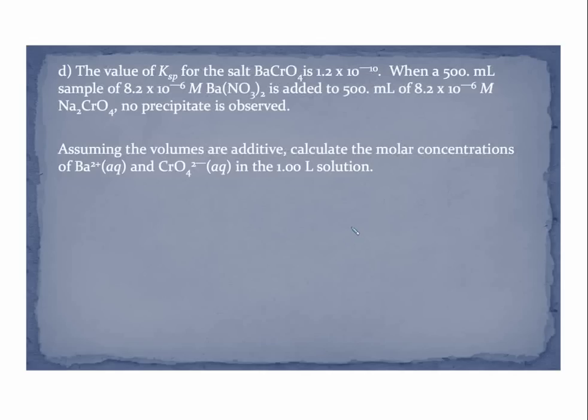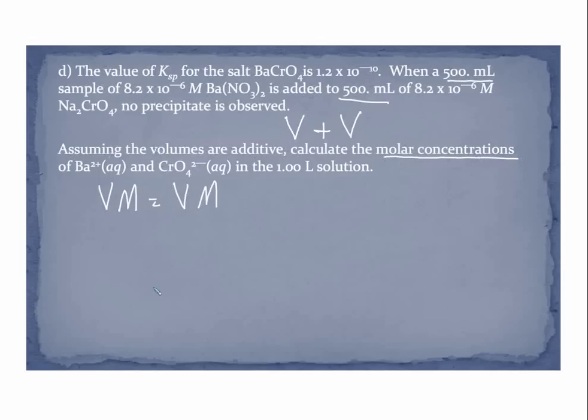Often these are long. Remember, this is your first question, always is an equilibrium, at least until 2014. This time we're given KSP and we're given volume is added to volume. When you have volume added to volume, you better remember to voom voom.